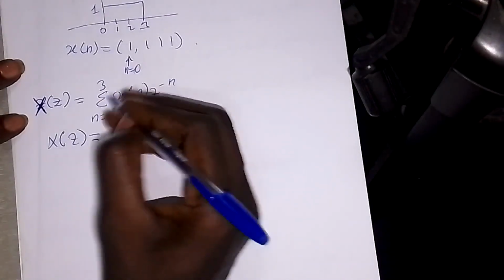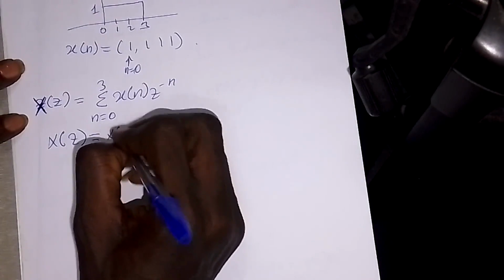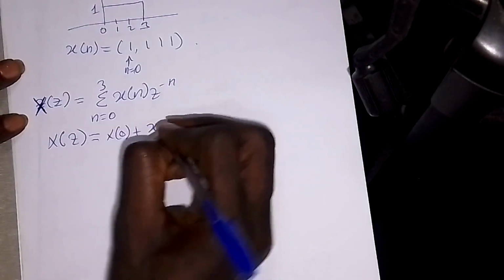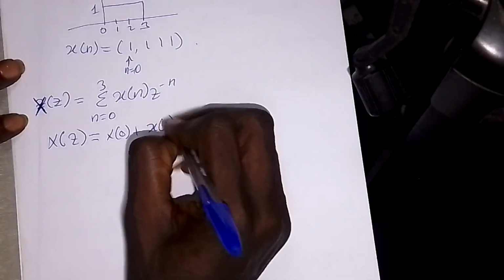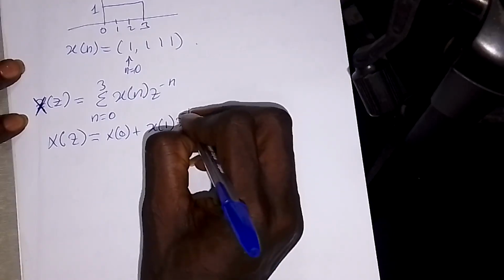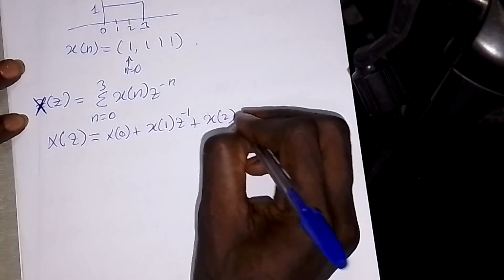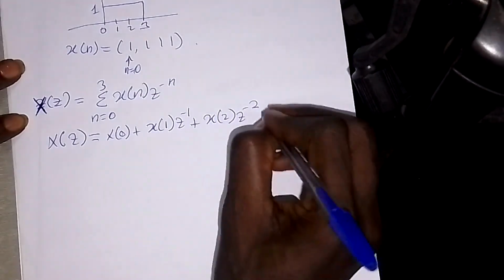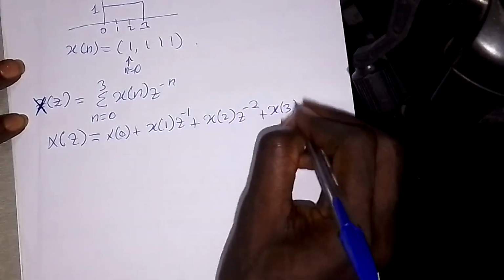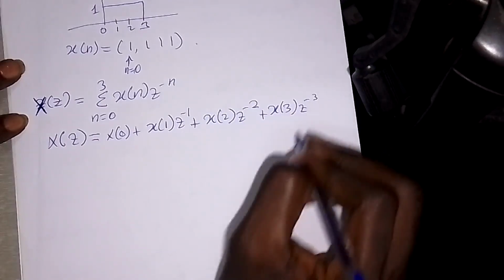x of 0 plus x of 1 into z exponent minus 1 plus x of 2 into z exponent minus 2 plus x of 3 into z exponent minus 3.